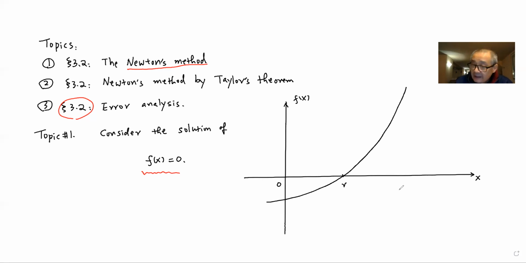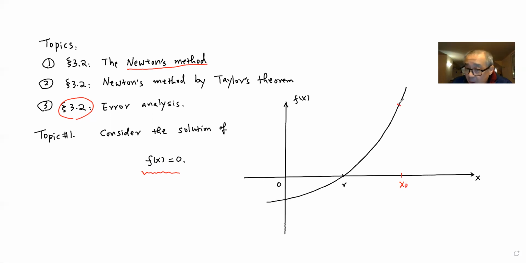In this diagram, this equation has one root, say alpha, one root here. Now I want to find this root. How? Take a point close to alpha.